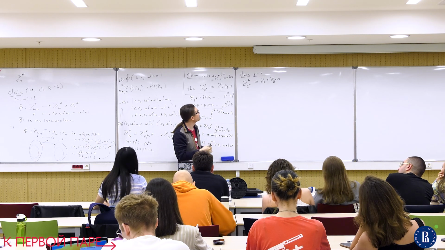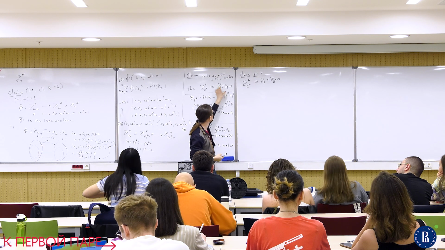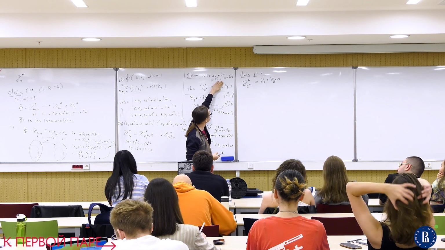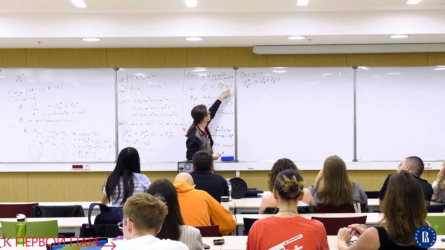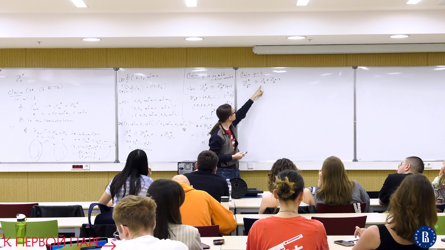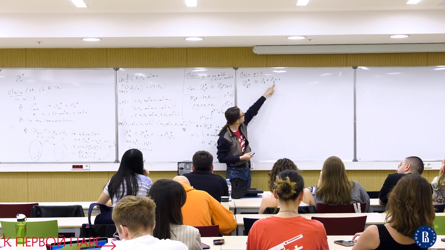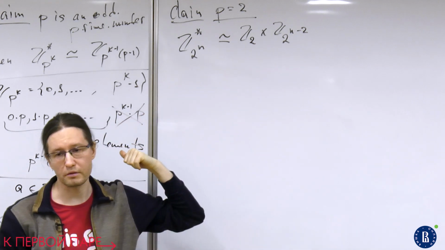So you see, again, this formula also works in order to count the amount of elements. It's 2 to the power of n minus 1. And here you have 2 elements, here you have 2 to the power of n minus 2, and when you take the product, you will get exactly 2 to the power of n minus 1.